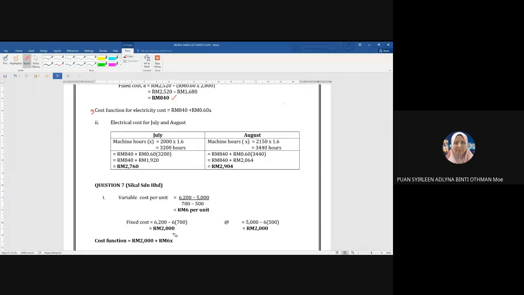So kita just kira based on the amount lah. Kalau kamu tengok dekat sini, untuk question 7, the highest point is 700 and the lowest point is 500. Kos paling tinggi ialah 6,200. Kos paling rendah ialah 5,000.